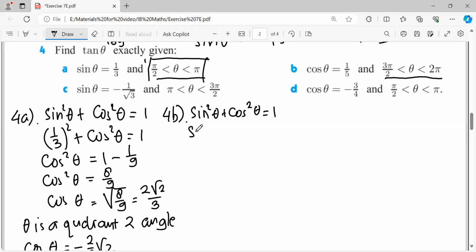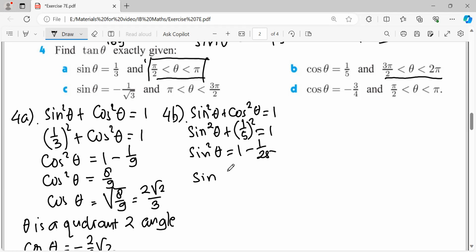Okay, sine squared theta plus (1/5) squared equals 1. Sine squared theta equals 1 minus 1 over 25.